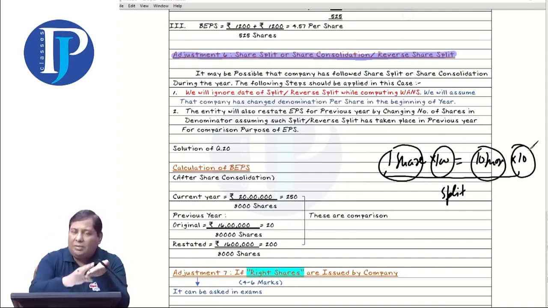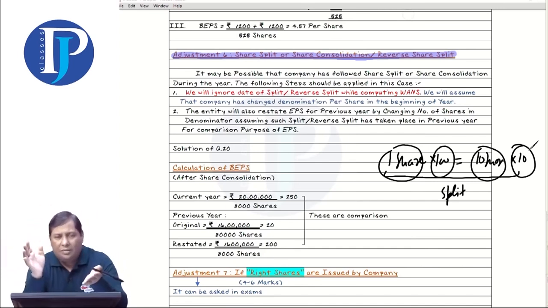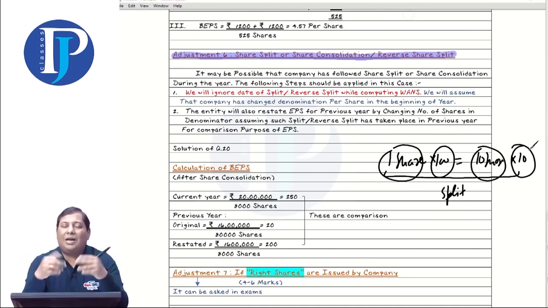In a split, don't look at the date, meaning the time factor. If you do a split on the first date, or on 1st April or June or July or August or in March or in February, it does not matter. Secondly, you have to assume that the split is happening in the beginning of the year, because nothing is happening, there is no cash flow. It is non-cash, you've just increased your number of shares.